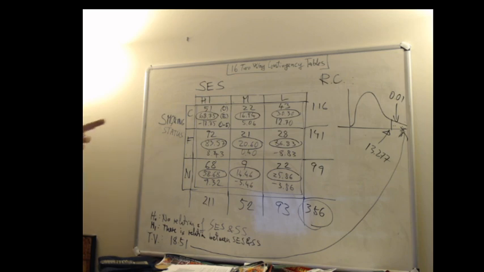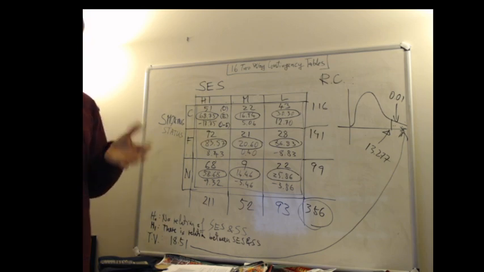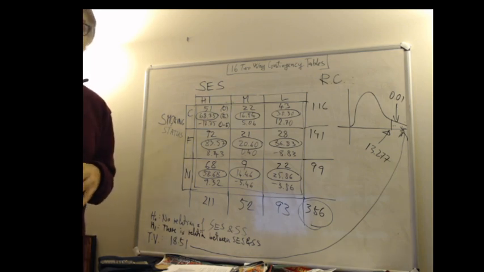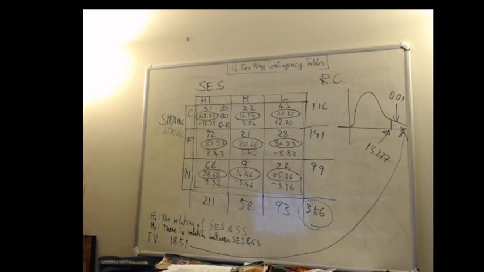Okay? Again, this is probably the most often used test you're going to be doing if you are studying any social sciences. It's what I call the two-way contingency tables test. It's also called Pearson chi-square test, whatever that means.